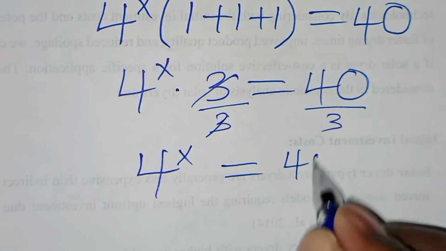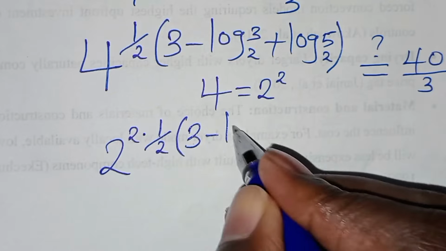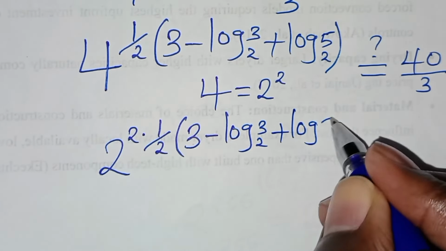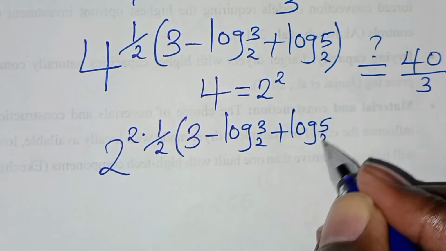Now, we can express 4 as 2 to power 2. So this implies that here we have 2 to power 2 times half into the parentheses 3 minus log 3 to base 2, then plus log 5 to base 2. This is supposed to give us a value of 40 over 3.